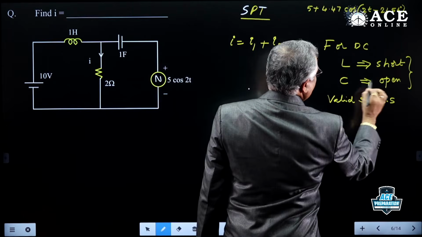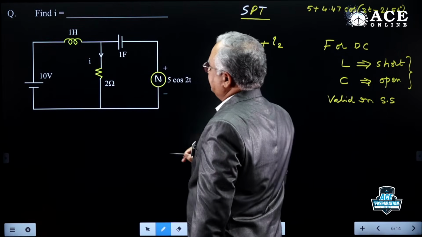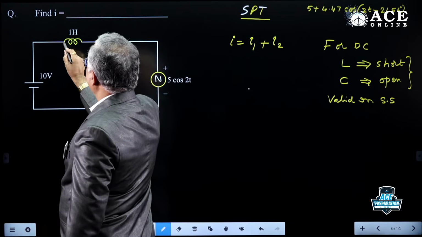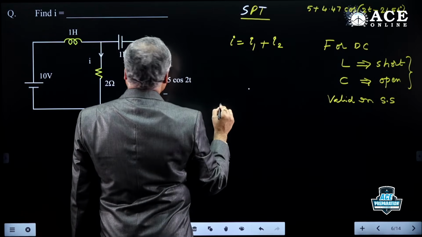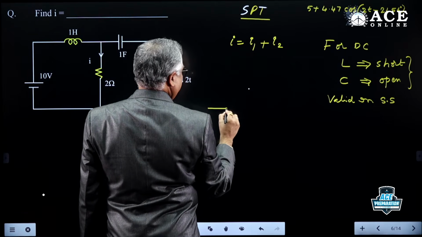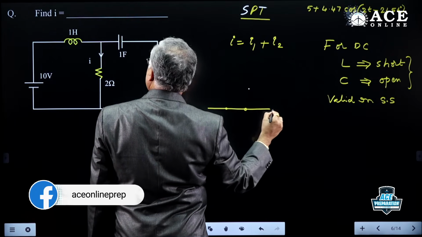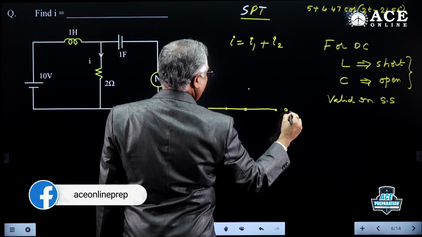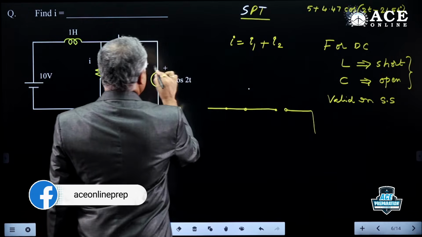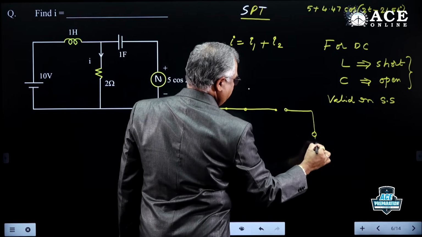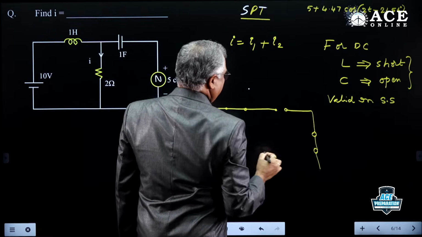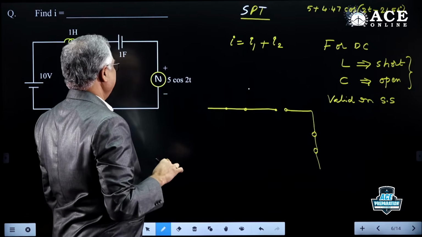Inductor short, capacitor open. So imagine this is short, this is open, or let me draw. Inductor short, capacitor open. This source I am not considering. Voltage source not there means short. Current source not there means open.